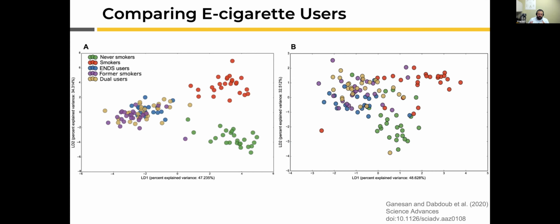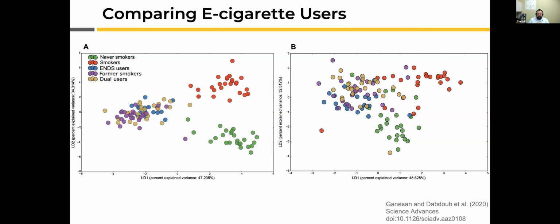For a real-life example, this is from a paper I published a couple of years ago, comparing people who don't smoke, people who smoke tobacco cigarettes, people who smoke e-cigarettes, former smokers who used to smoke tobacco cigarettes and now smoke e-cigarettes, and people who use both e-cigarettes and regular tobacco cigarettes.